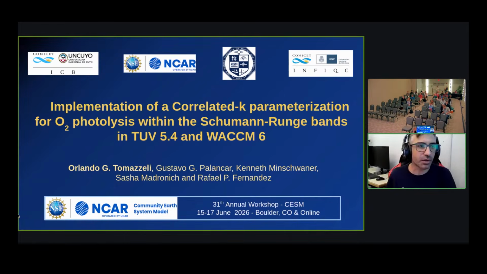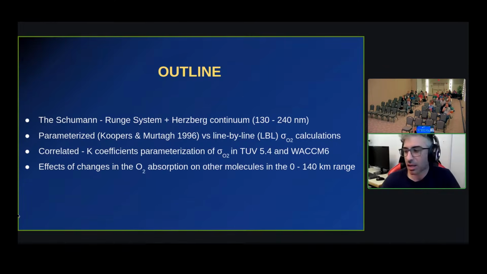Okay, I will talk about the photolysis of molecular oxygen in the ultraviolet range, especially in the Schumann-Runge bands, and how it's implemented in the TUV 4.4 and WACCM 6. I will describe the Schumann-Runge system and Herzberg continuum.